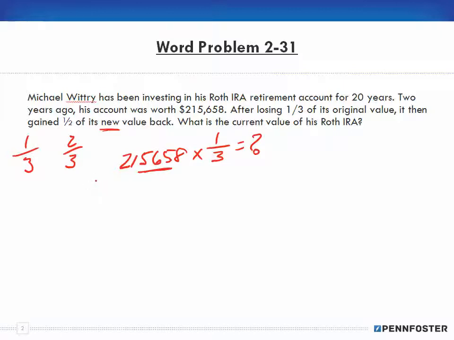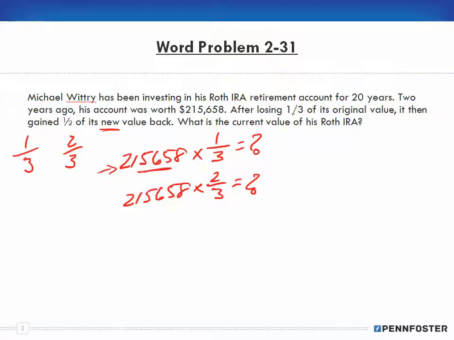Now I said two different ways of doing it. Well, we actually did the math over here by saying, if I lost 1/3, there's 2/3 remaining. So I could take the 215,658 and multiply it by 2/3 and come out with that same exact value. Here we're figuring out how much the loss is, and then we have to subtract it from the 215,658 in order to get what's left.